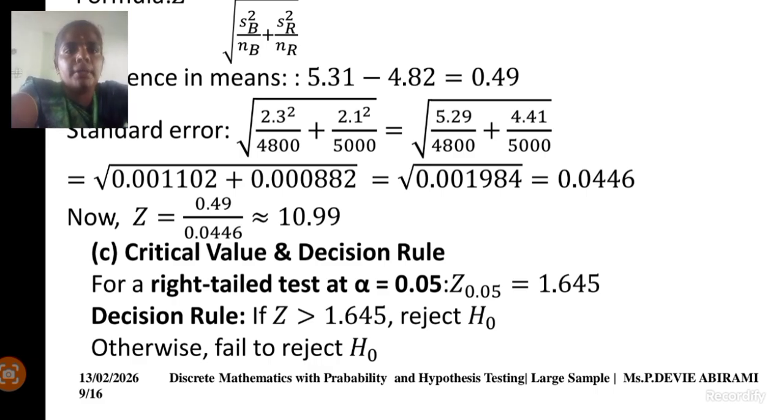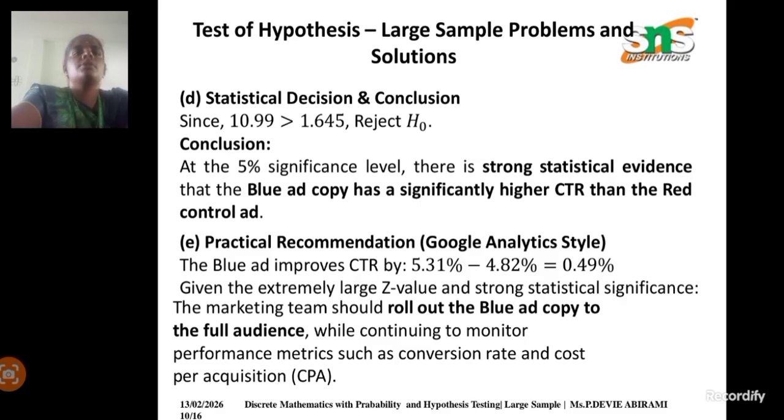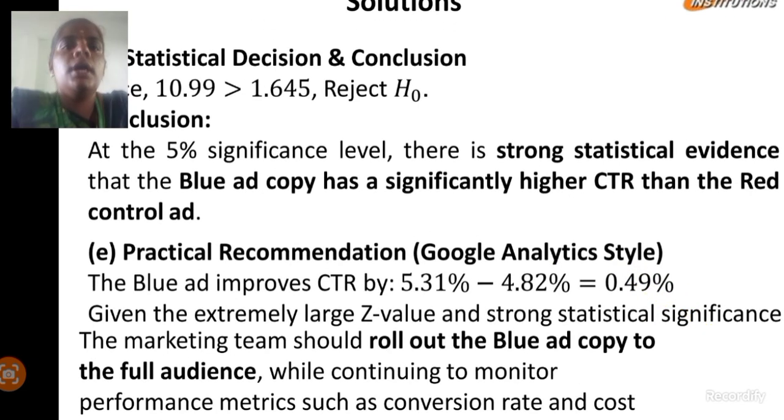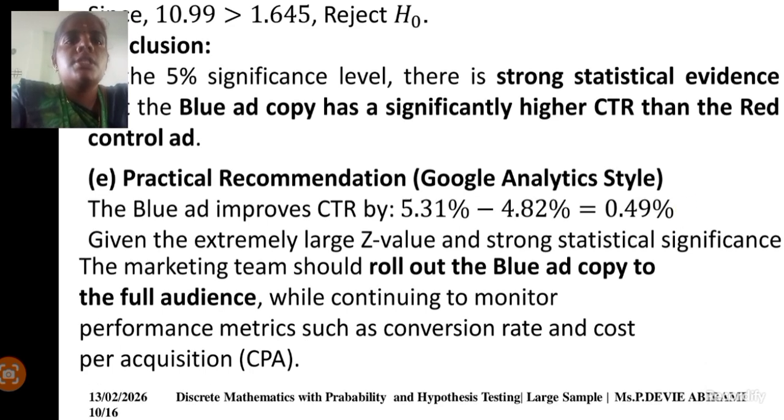So in this case, the null hypothesis is rejected and the alternate hypothesis is accepted. From this, I conclude that given the extremely large Z value and strong statistical significance, the team should roll out the blue ad copy to the full audience to improve their marketing.